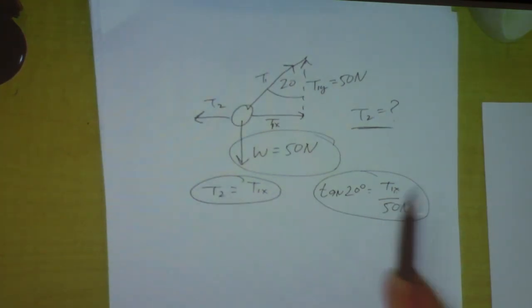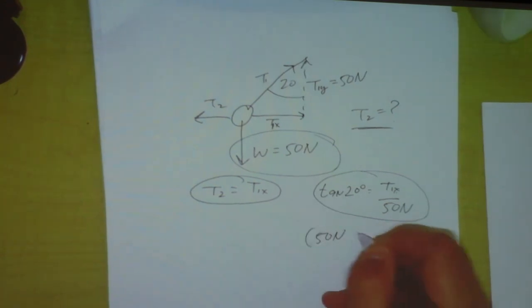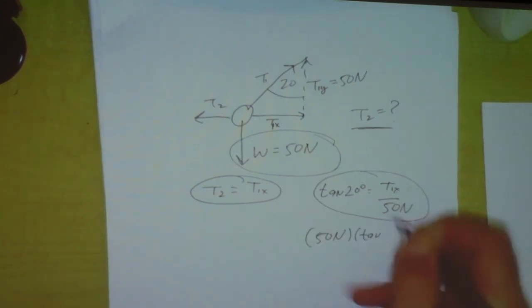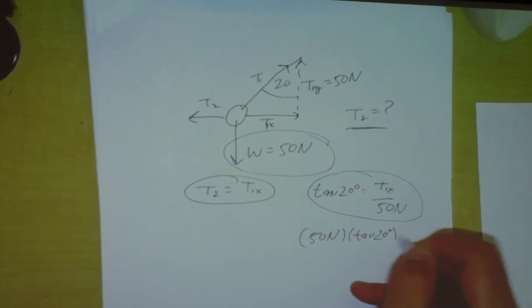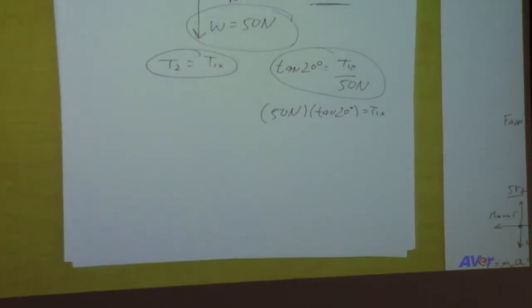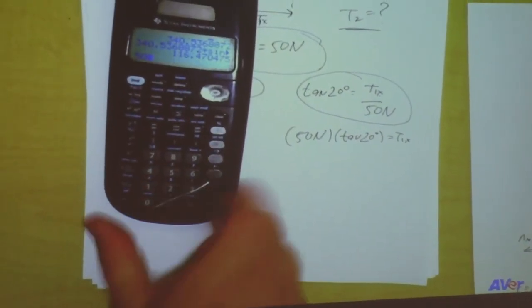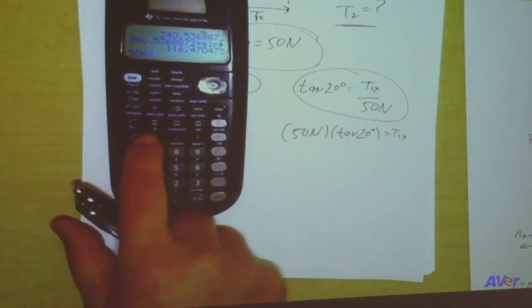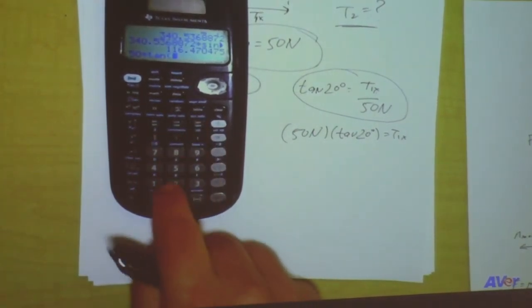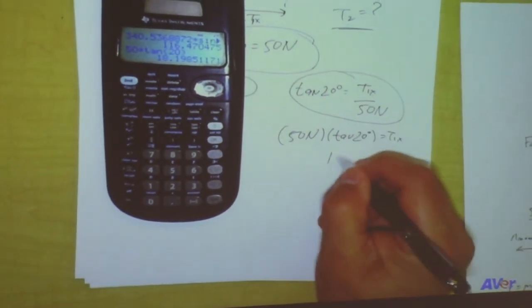Once I get this, I know it's got to be T2. So 50 newtons times the tangent of 20 is T1x. I'm still in degree mode. So 50 times tangent of 20 is about 18.2 or something like that.